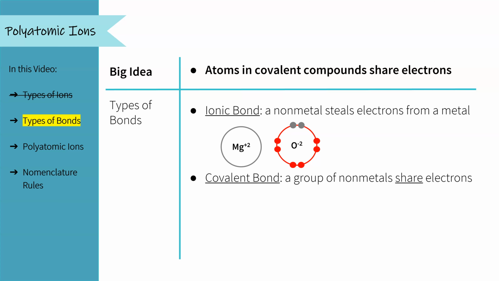A covalent bond is a bond where multiple nonmetals share electrons. We know that nonmetals usually have mostly full valence shells, so they're not really going to give them up, but they'll share them. Here we have hydrogen. It has 1 valence electron, and oxygen has 6. And what we see happen is that there is a sharing of electrons.